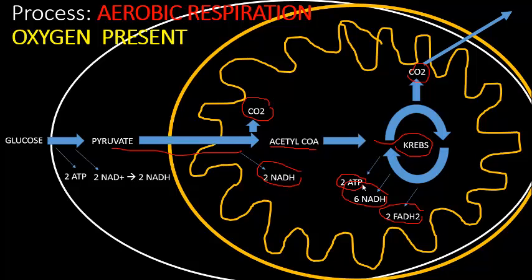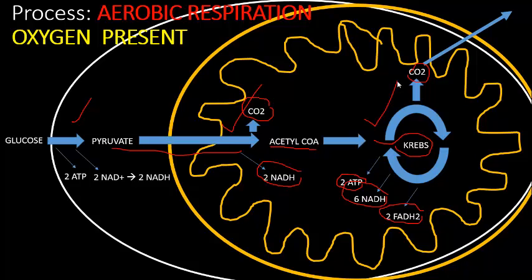So if we look at these chemical reactions that take place, glycolysis right here, pyruvate oxidation right here, and the Krebs cycle right here, all 3 processes have the same purpose. Glucose is just further and further being oxidized. First, glucose is oxidized into pyruvate, then pyruvate is oxidized into acetyl-CoA, and then acetyl-CoA is oxidized into carbon dioxide.